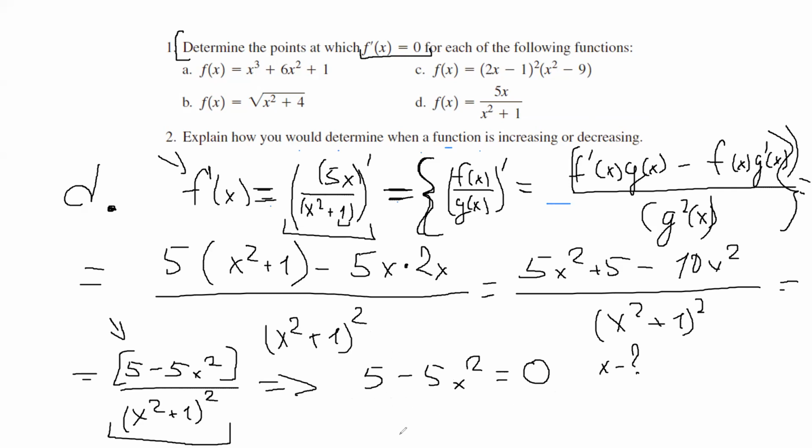Yes, we can simplify it by 5 and we're gonna get 1 subtract x squared equals 0. So I say that x squared equals 1. So x equals 1 or -1.